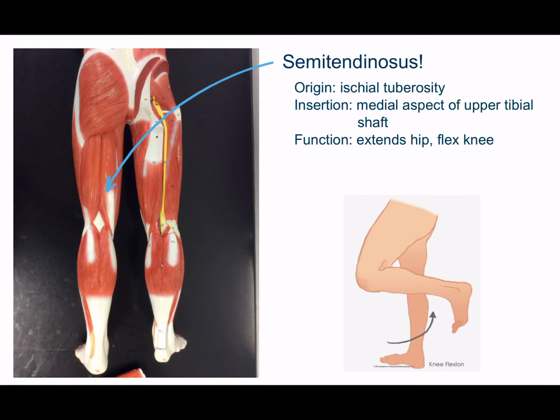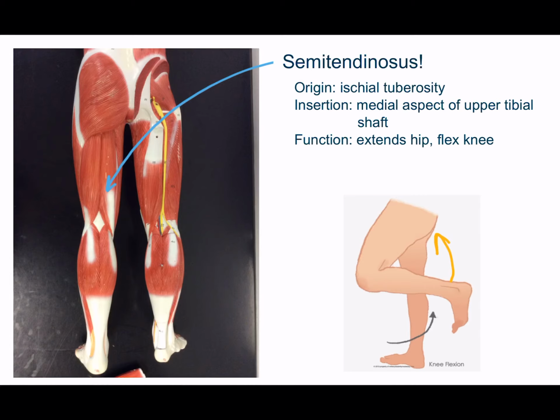Your semitendinosus is hard to find on this model, but it's there. The semitendinosus originates at the ischial tuberosity and inserts at the medial aspect of the upper tibial shaft. Its function is to extend the hip and flex the knee. So you see how it flexes the knee. And hip extension is to pull back, if I'm correct.